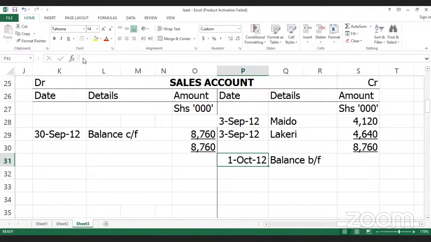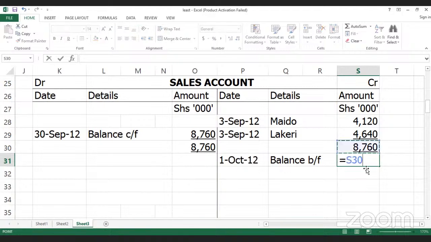Now, one thing which you have to observe here is that the balance brought forward is always on the side with a bigger total, or on the greater side. The bigger side always has the balance brought forward. And then the smaller side, that's where we insert the balance carried forward.